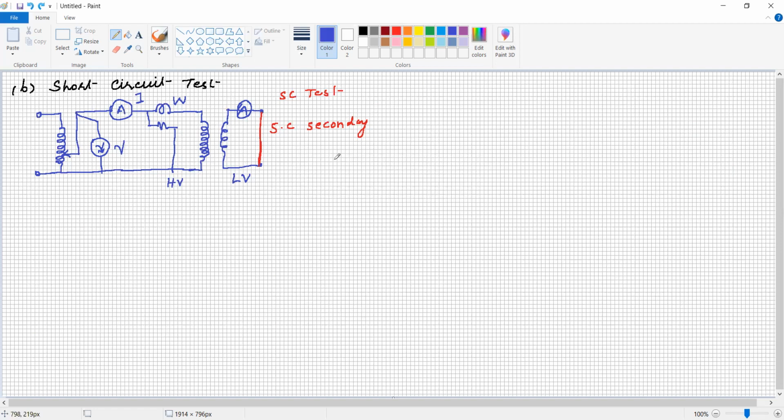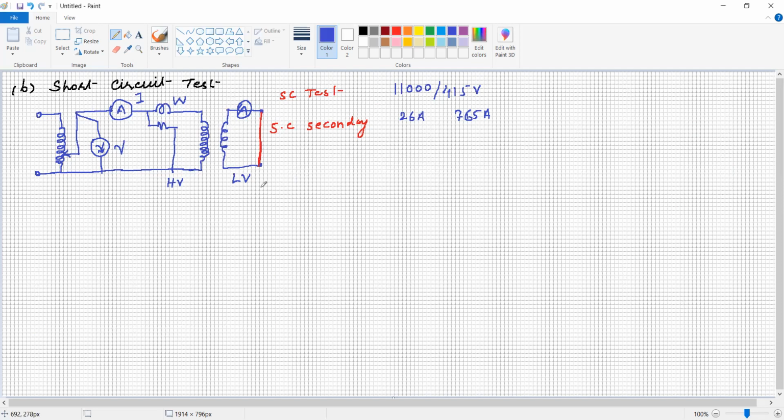Try to understand with the help of an example. Suppose the voltage ratio is 11 kV by 415 volt. Here the current is 26 ampere, and here the current is 715 ampere. Say, for example, this is a 500 kVA transformer.